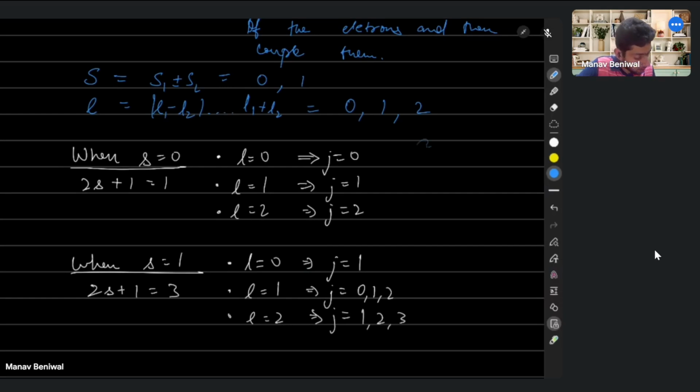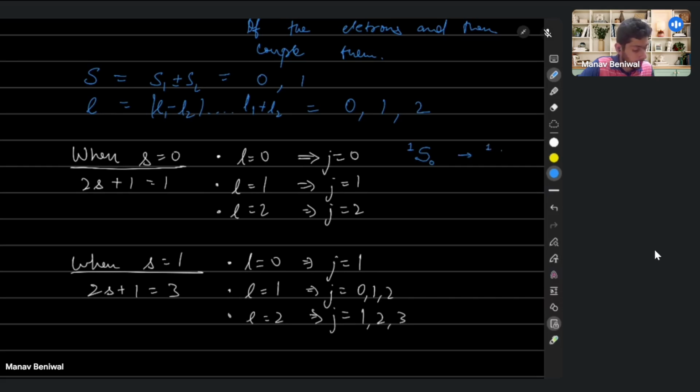So 2S plus 1 is 1, so we will get 1 here, and L is 0, which means we will get S, and J is 0, which means we can put a 0 here, and this we can also write as 1S. Similarly, again S is 0, which means 2S plus 1 is 1. Let's write 1 here.